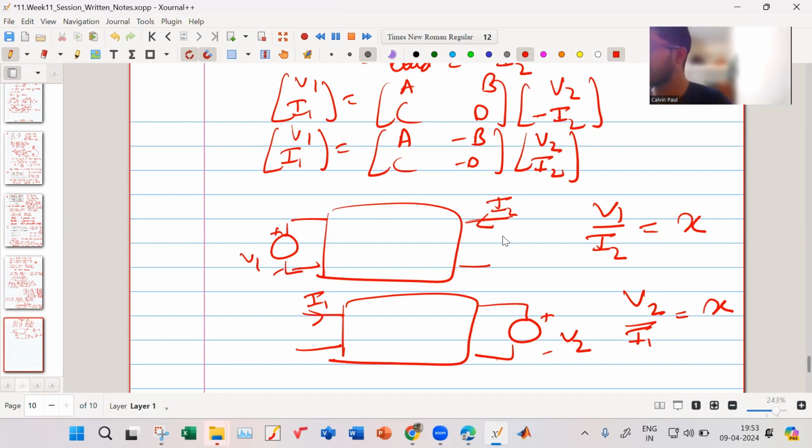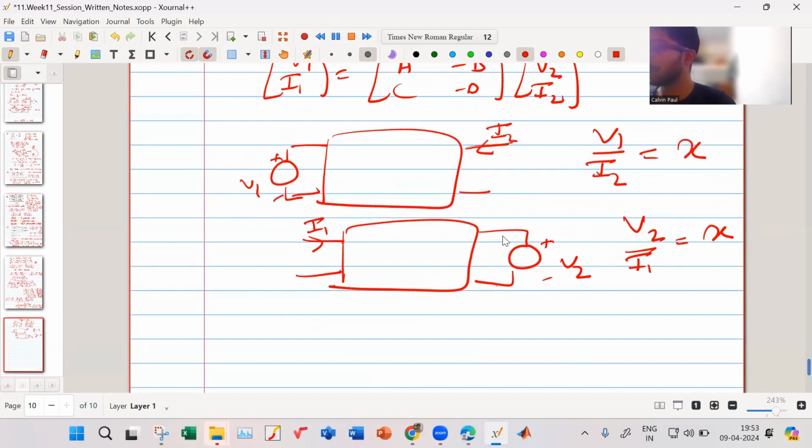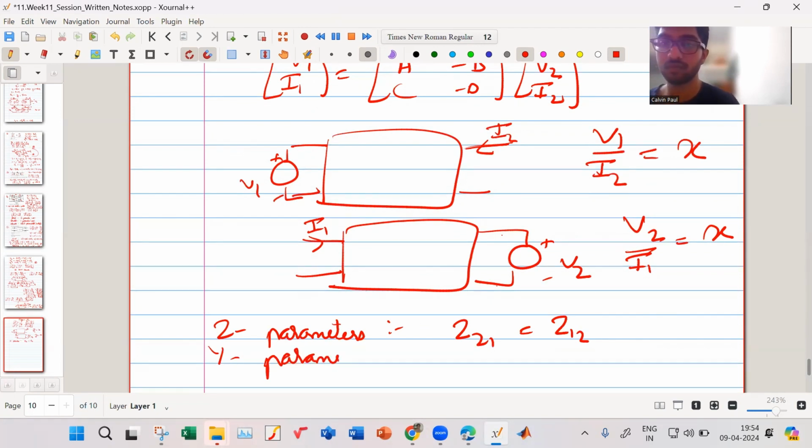In the case of Z parameters, it is very simple. For Z parameters, you just need Z21 equal to Z12. For Y parameters also, Y21 equal to Y12.